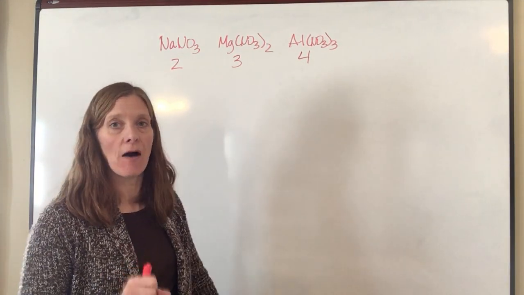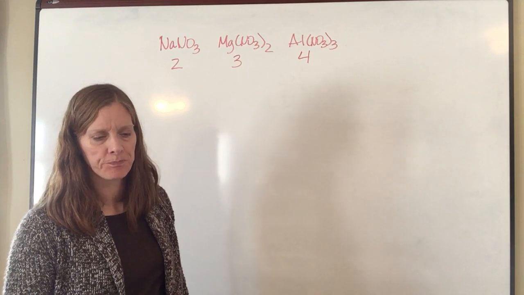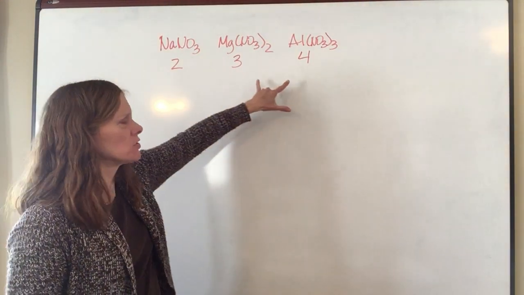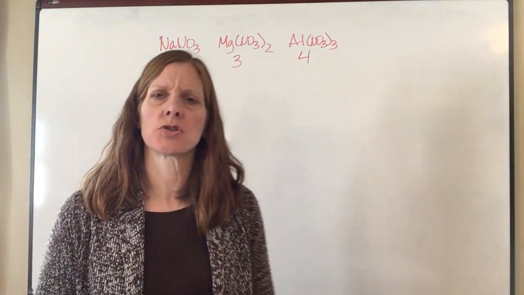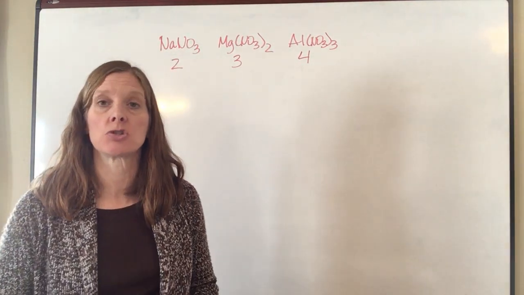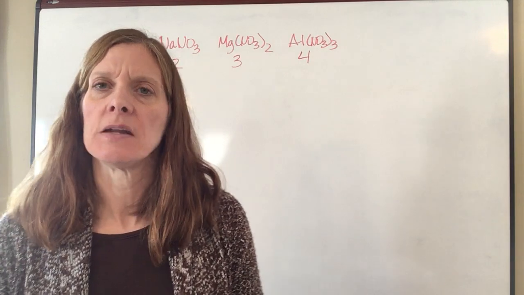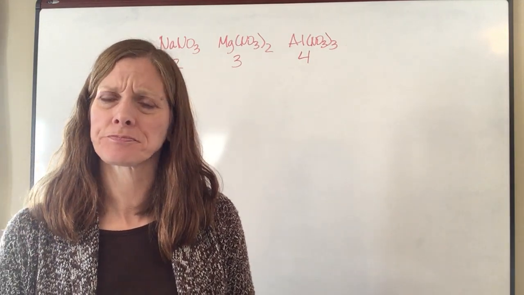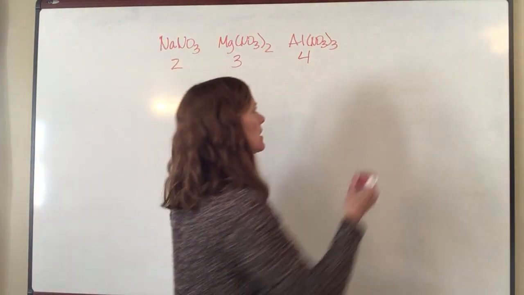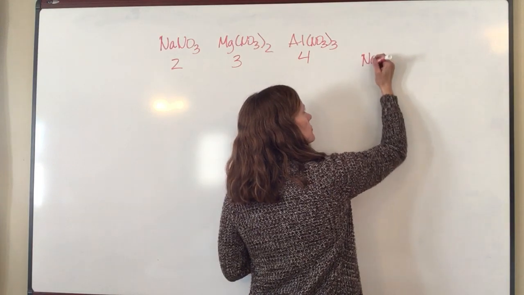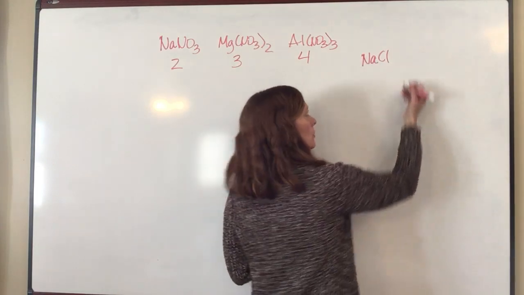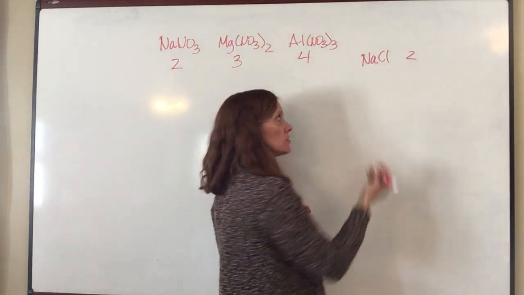Well, exactly how far can you lower the freezing point? This brings up an interesting concept, because in recent years, the highway departments, instead of using sodium chloride, started using calcium chloride instead. If you think about the formulas, NaCl, the sodium chloride that they used to put on the road, will only put 2 ions into solution.